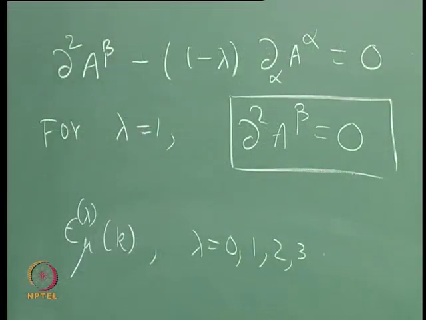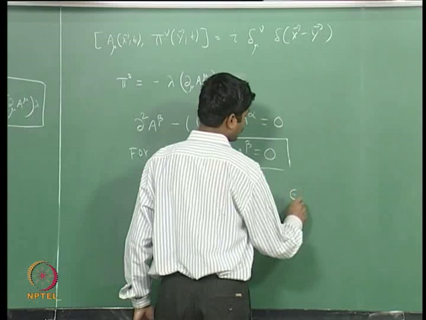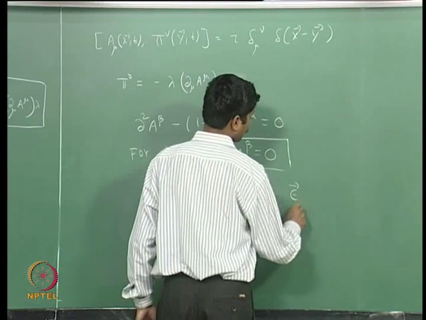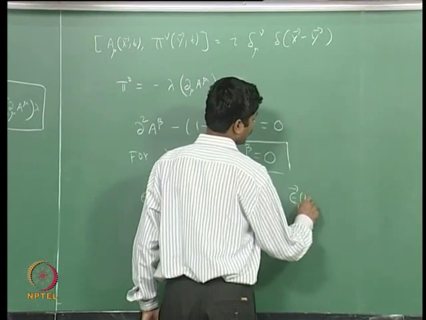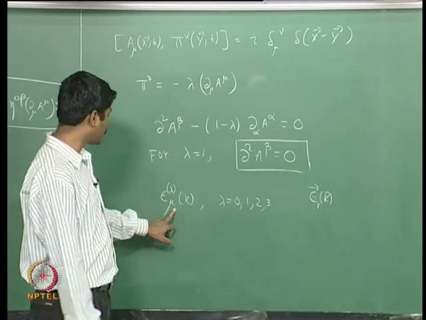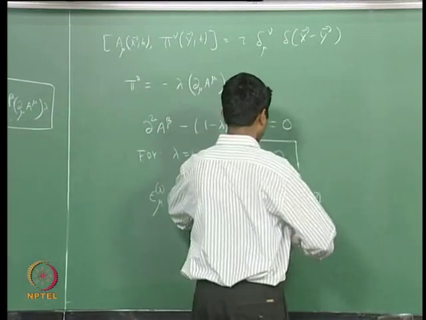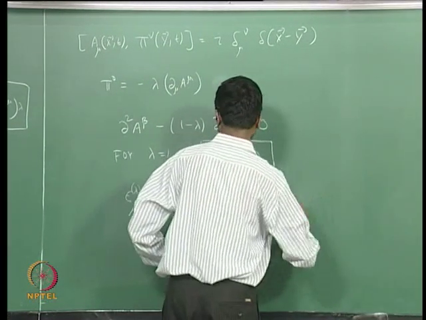Just like in the previous case, when we had performed the gauge fixing, we had 2 linearly independent polarizations. We had 2 transverse polarizations, and those we denoted by epsilon r of k with r equal to 1 and 2. Here there will be 4 linearly independent polarizations. 2 of them are transverse polarizations.